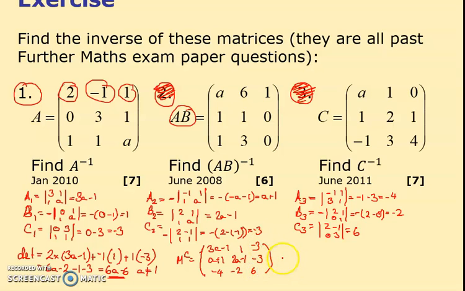And we've already seen, therefore, that if I transpose it and divide by the determinant at the same time, this will work. So there's my divide by the determinant, and now I just want to transpose this matrix. 3a minus 1, a plus 1, and minus 4. 1, 2a minus 1, minus 2, minus 3, minus 3, and 6.